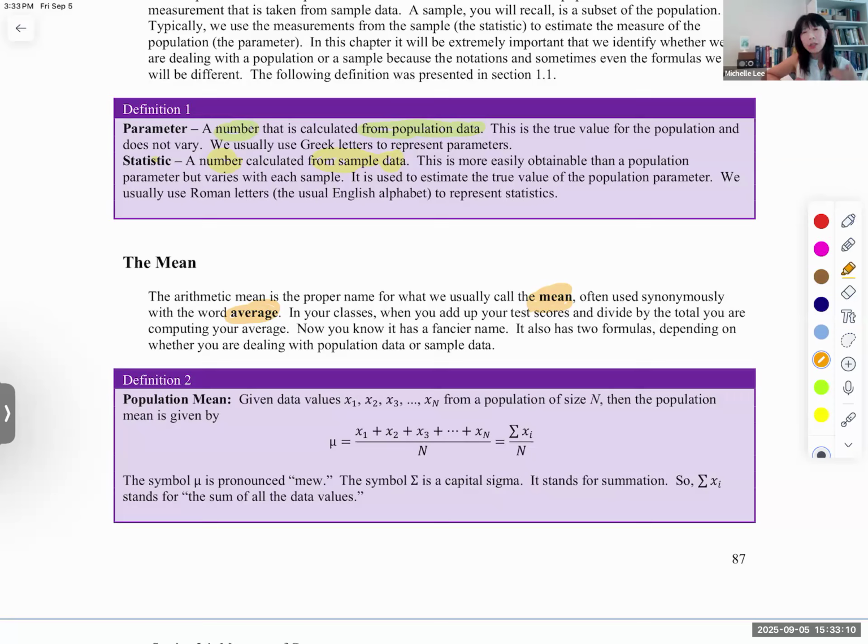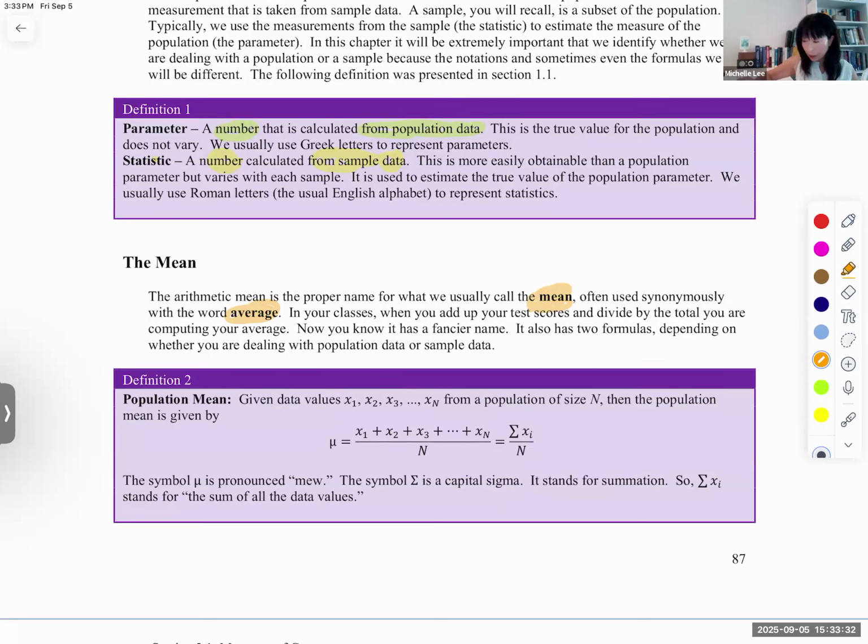We knew that in math, when we express a general formula, we use letters, which we call variables. So we have x of 1, x of 2, x of 3, which is data. Now we add everything up.